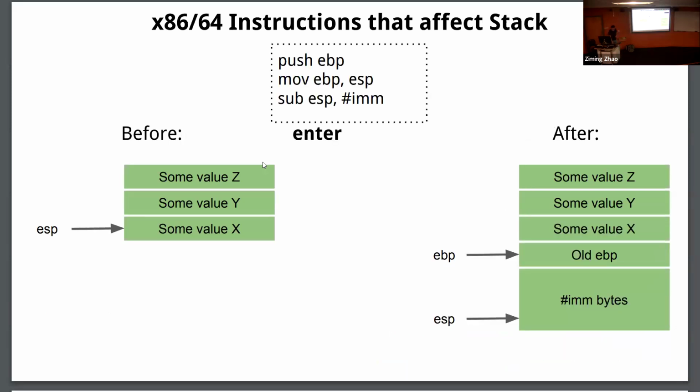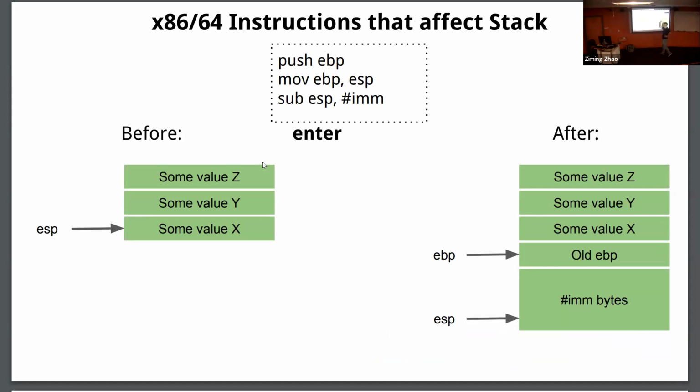So the next instruction is enter. You may not see this enter instruction a lot in this class, but you will see these 3 instructions a lot. They are equivalent to enter. Those 3 instructions are push EBP, move ESP to EBP, then subtract some value from ESP.